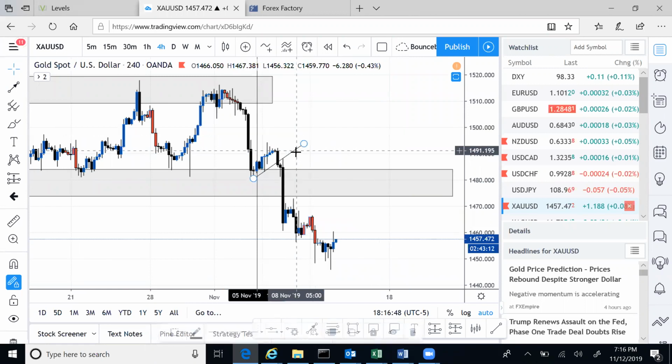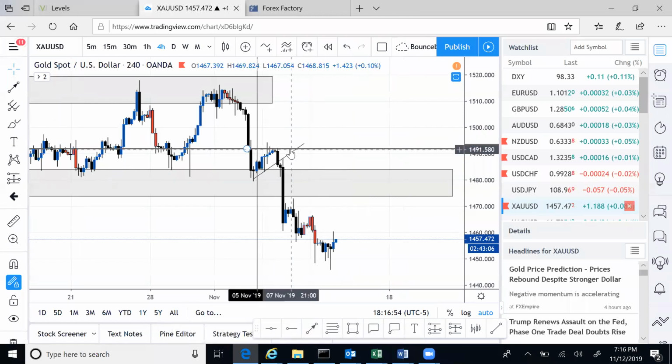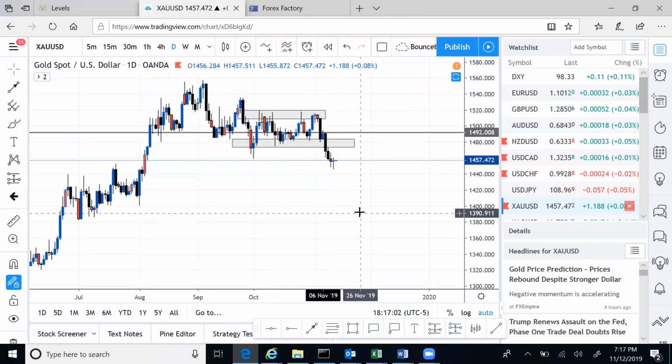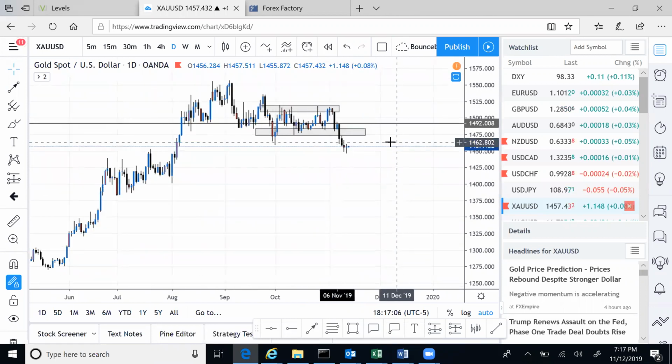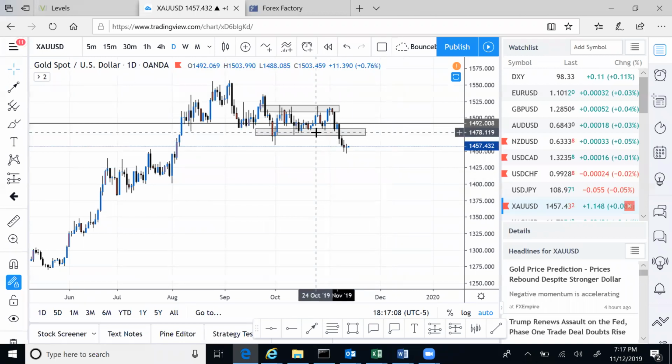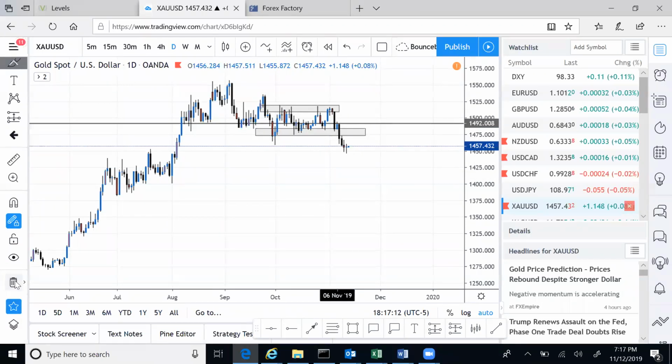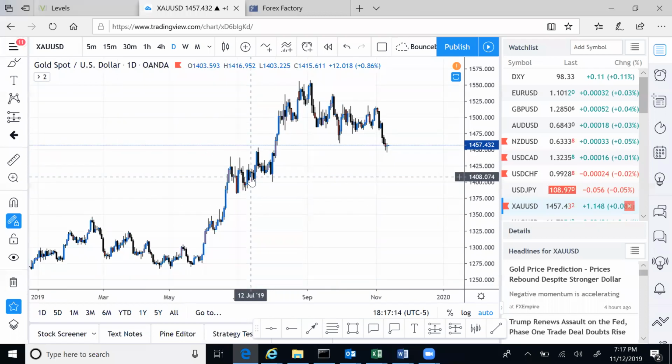Let's look at gold. I am looking for a buy on gold, and here is why. We're going to go on the daily time frame, and we want to identify key levels. So I'm going to take off everything and do this from scratch.